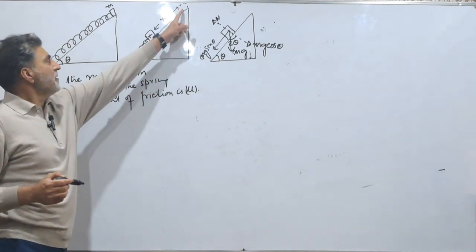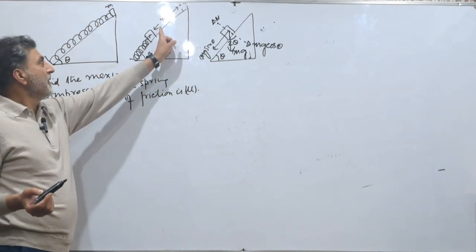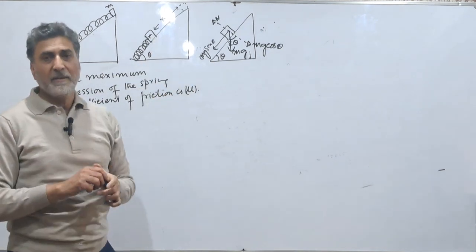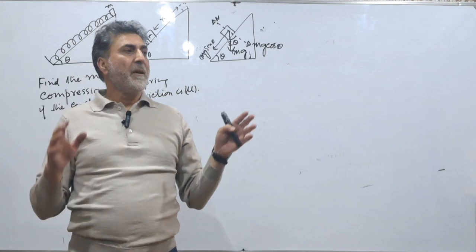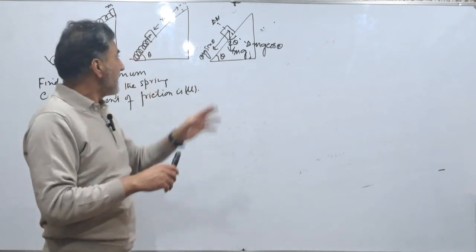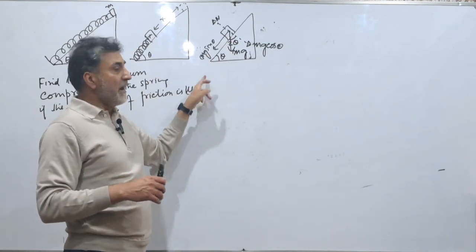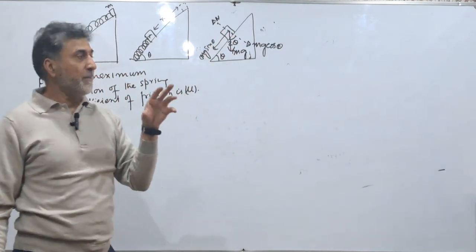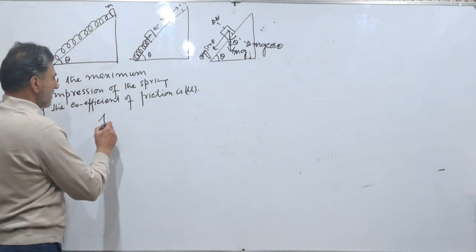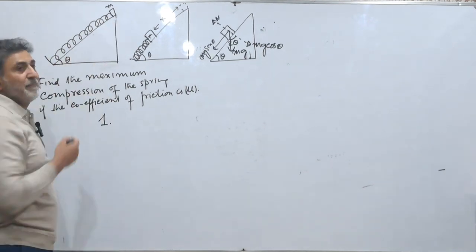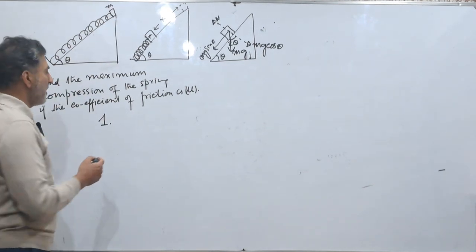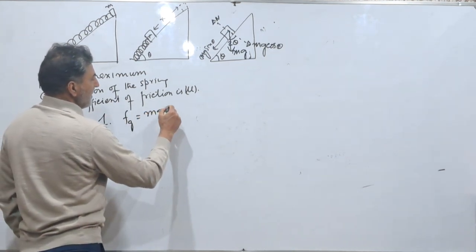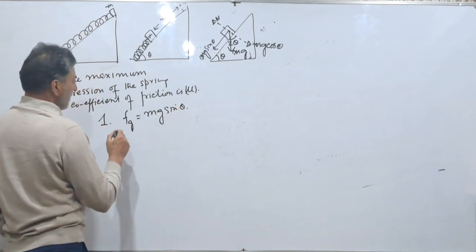So when the body falls, there is a frictional force, there is a force due to the spring, and there is gravitation. There are three forces acting on the body. First, gravitational force, that's mg sin theta.